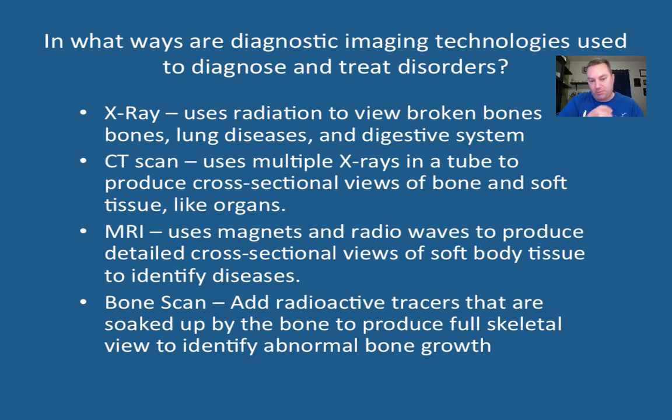And based upon the view that you get from there, you'll be able to tell if it's cancerous or it's bone growth or any kind of picture like that. So X-rays, CT scans, MRI, and bone scans are the major ways to do diagnostic imaging when it comes to cancer, and of course other medical maladies.